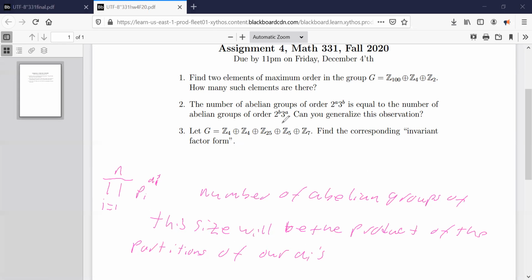So that tells us that as long as we have the same a_i's, it doesn't matter what p's, it doesn't matter what primes they're attached to.